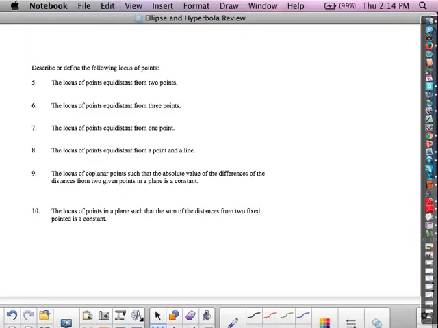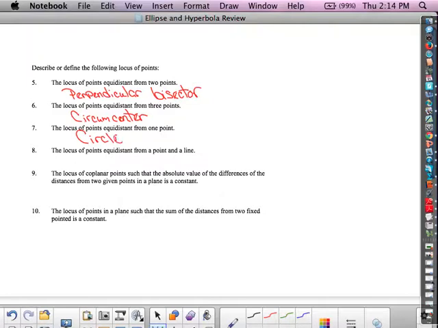The locus of points that is equal distance from 2 points is the perpendicular bisector. The locus of points equal distance from 3 points is the circumcenter. The locus of points equal distance from 1 point is a circle.